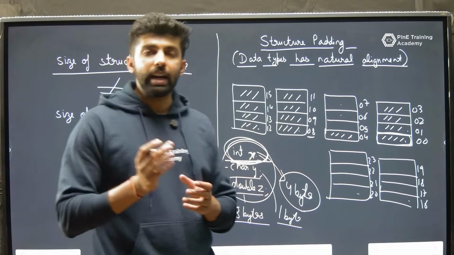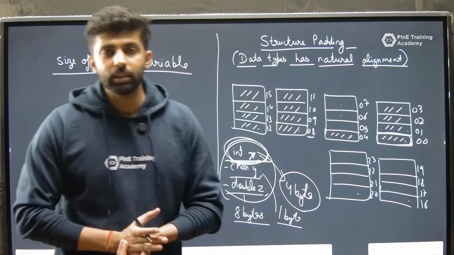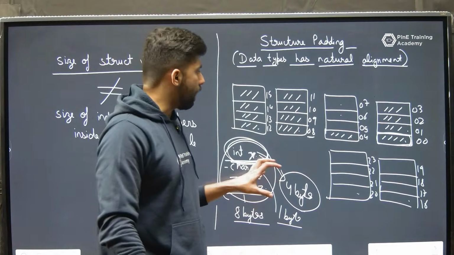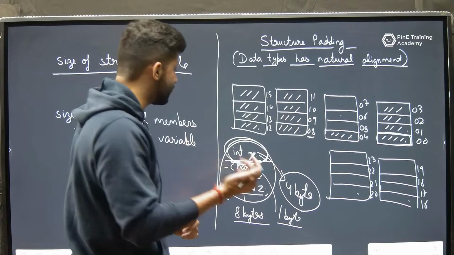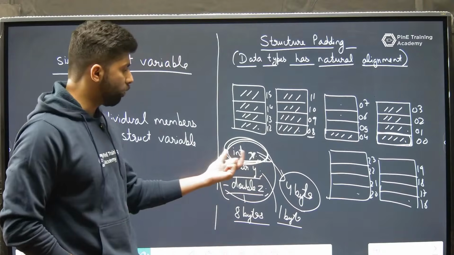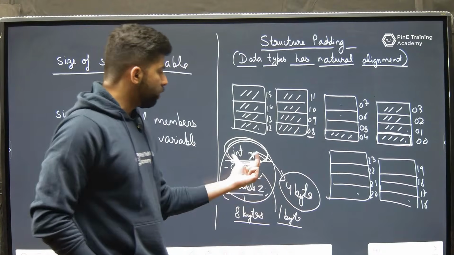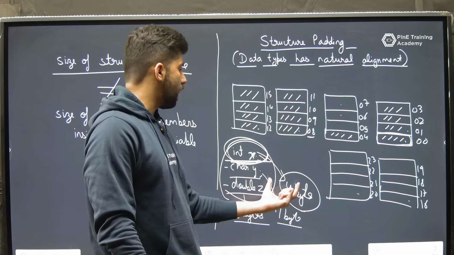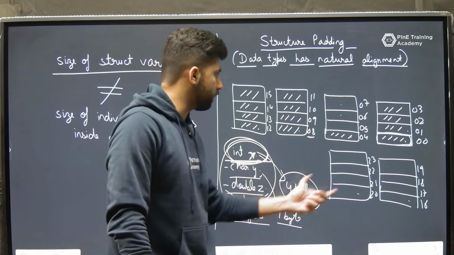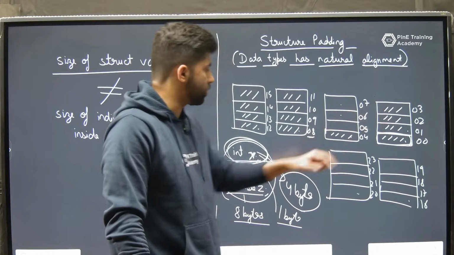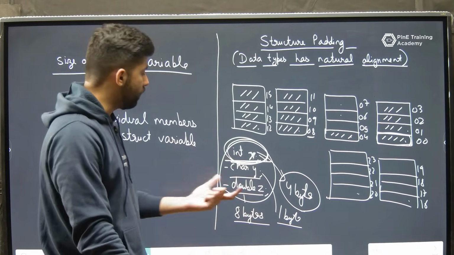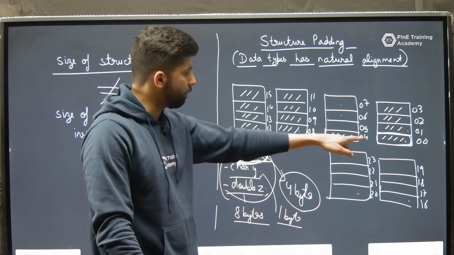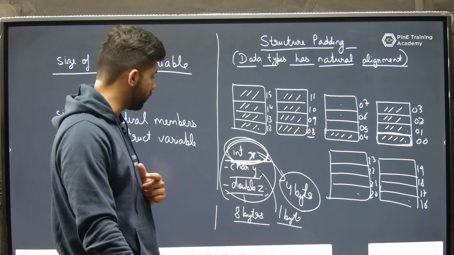To align the data at a particular place, we have to leave 3 bytes of padding here, because as I said, since int is 4 bytes, it will be aligned according to the multiple of 4. So we can start int from this position. Since char takes 1 byte, it can be aligned with a multiple of 1. So we can place char at this position.